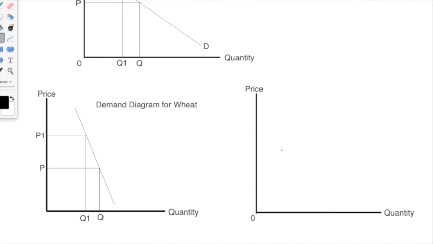Now, an elastic demand curve is a lot less steep, basically the opposite of what an inelastic demand curve would look like, pretty self-explanatory. Therefore, we have a much shallower, less steep curve.